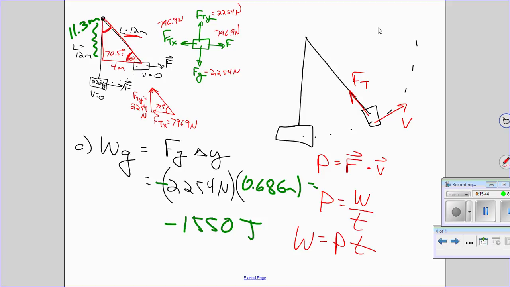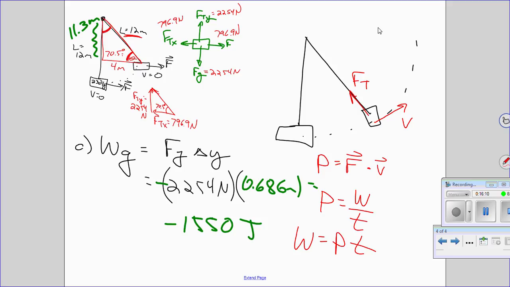If your force is perpendicular to your direction of motion, it's not doing work. Okay? So we knew that if the force was perpendicular to the displacement, we weren't doing work, right? But here it's confusing because your direction of motion and your direction of force are always changing. But because they're always perpendicular, they're not doing work.